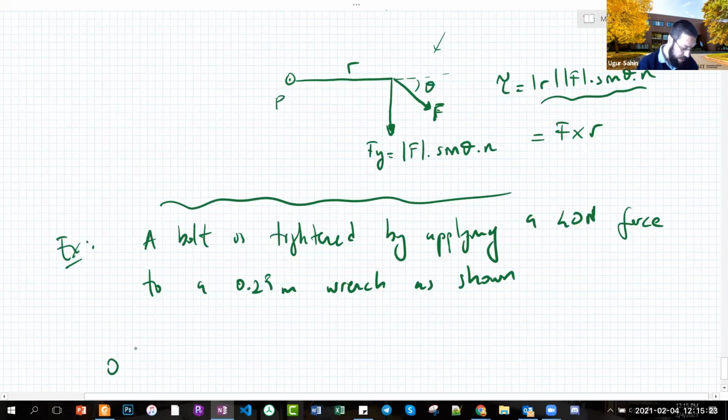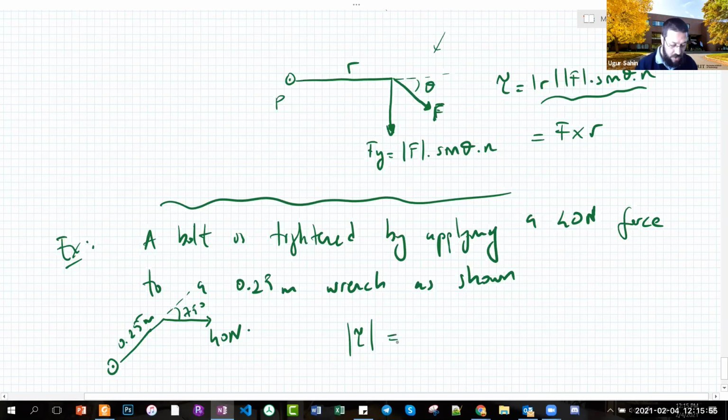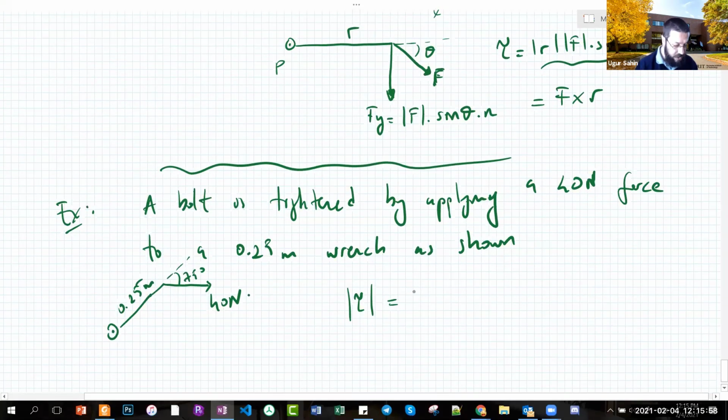In this way, I have a bolt here at this point, and I have the wrench, and the theta to rotate this one is 75 degrees here, and this is the 40 Newton force, and this distance is 0.25 meters. So if you would like to calculate the torque, we will be using the same formula, guys.